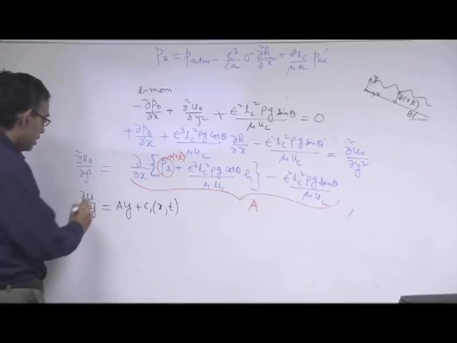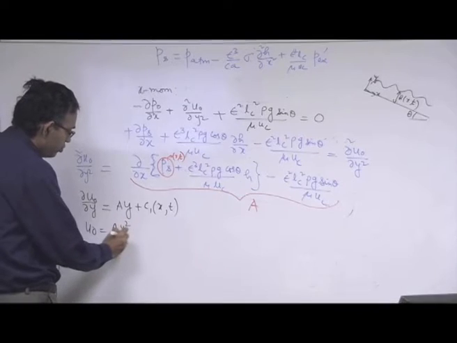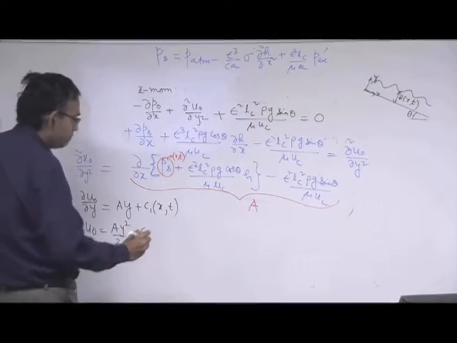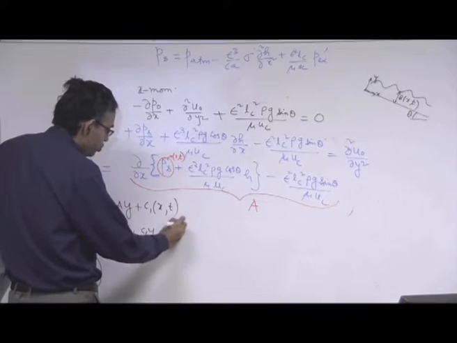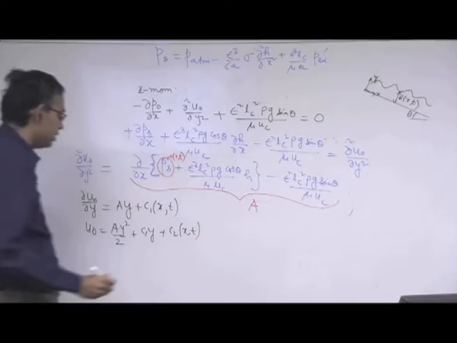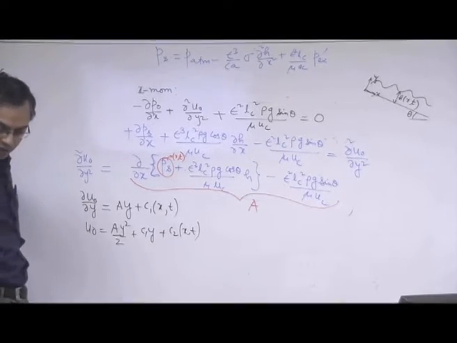Right, u0, and u0 is A y square by 2 plus C1 into y plus C2, which is a function of x and t. C1 is also a function of x and t, but already we have written in the previous step, so I have not written again. Now, we need to apply the boundary conditions to get C1 and C2.